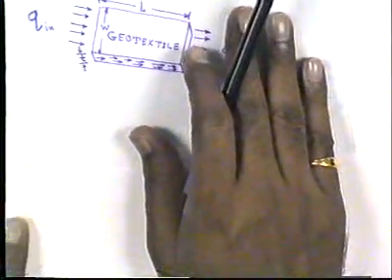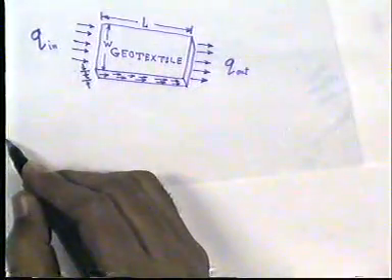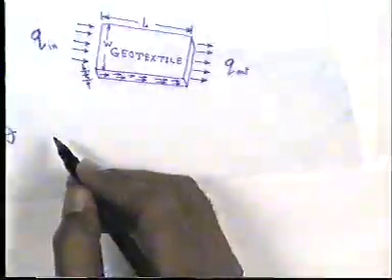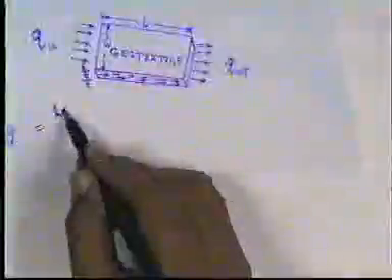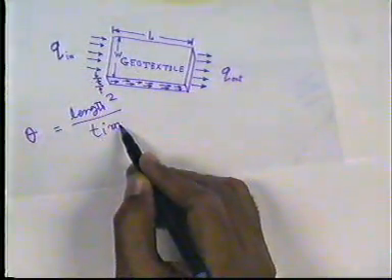Now, this transmissivity, which can be denoted as theta, has units of length squared divided by time.